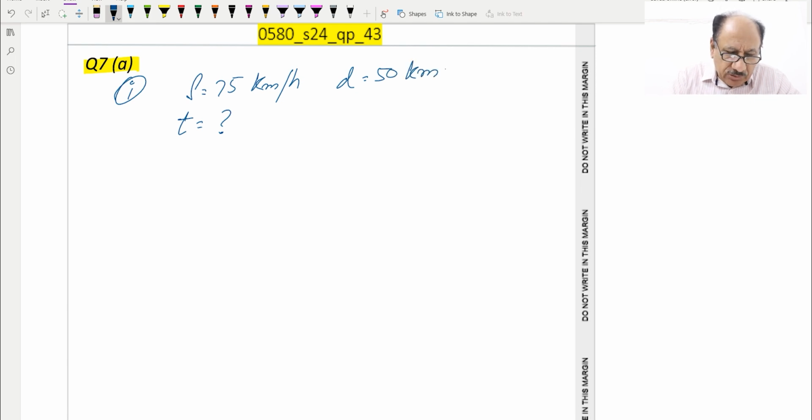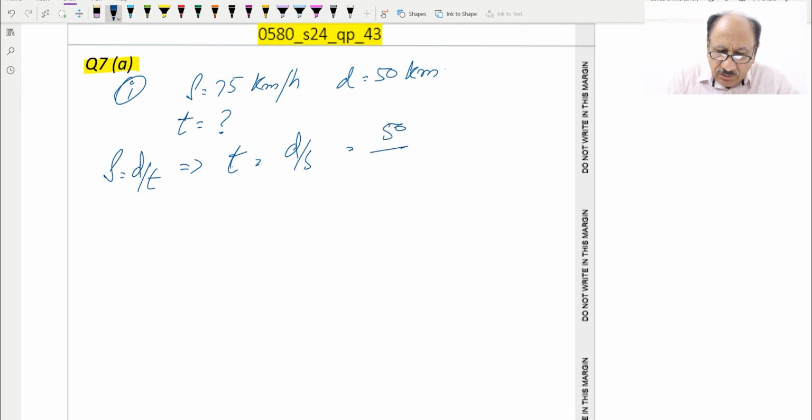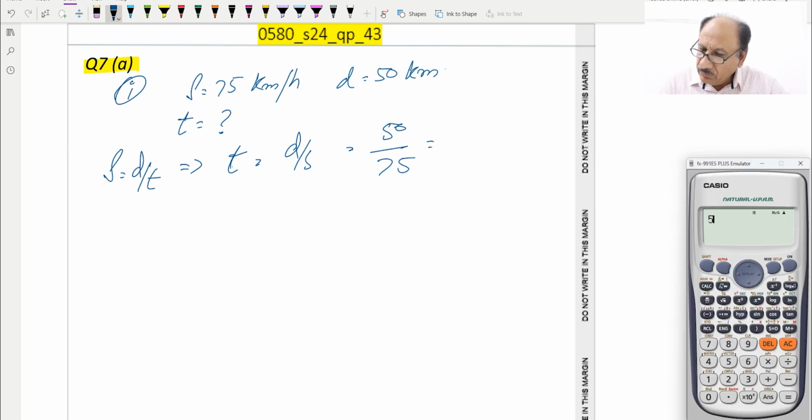So speed we know is equal to distance over time. So time will be equal to distance over speed. Distance is 50 divided by 75, and this is equal to 2 by 3.